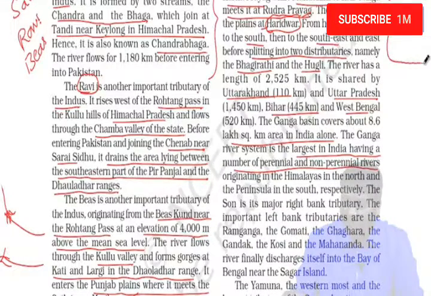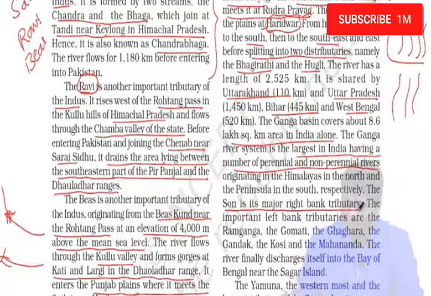If Ganga is moving like this, some rivers come and join from the Himalayas and some rivers start in the peninsular plateau and join the Himalayan river system. So it has tributaries both from the peninsula and from the Himalayas. The Sun is its major right bank tributary.